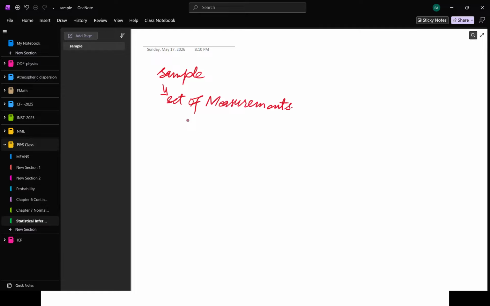The sample size will be n, and we will be calculating the mean value of the sample, and we will also calculate the variance in the sample values, and we would like to relate these values to the population parameters.